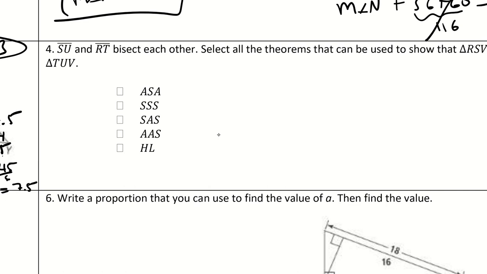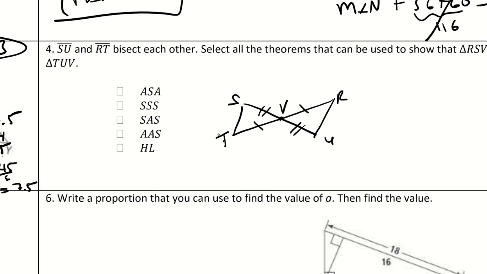Okay, so let's call this SU, and then we'll call this RT, and they cut each other in half. So this is cut in half, this is cut in half. And obviously this has to be point V. Hold on, let me make sure I got this right.